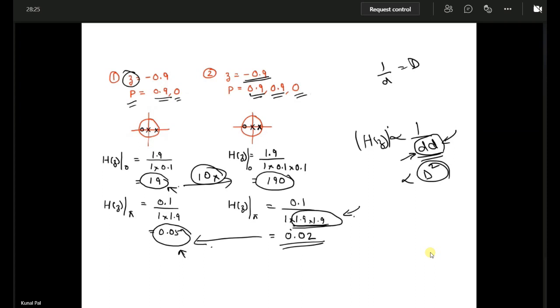But what is the important point over here? The important point is that at the resonant frequency, in this case, the resonant frequency is 0 hertz or 0 radians. So for this case, if you see, the effect is very high, or considerably high, right?